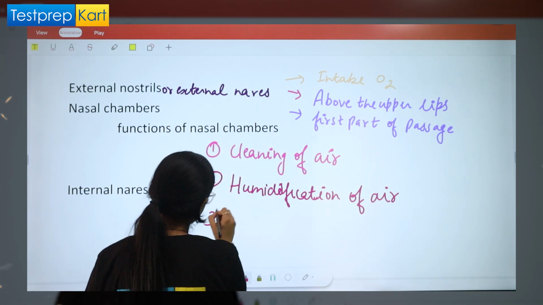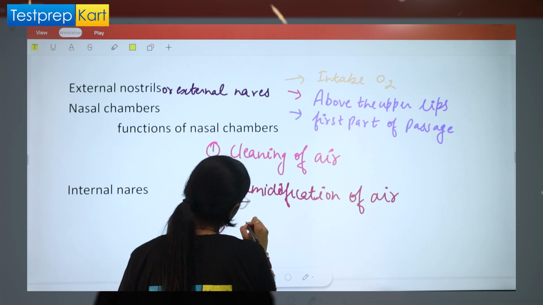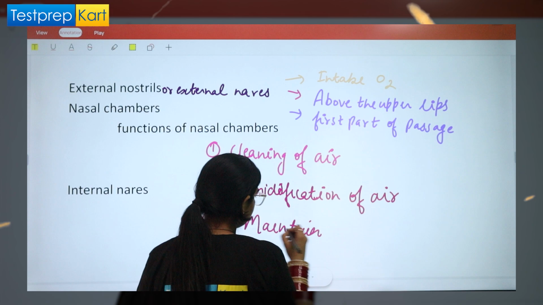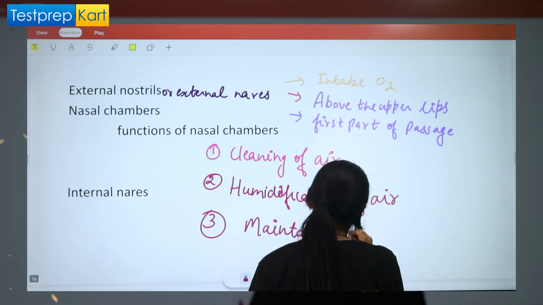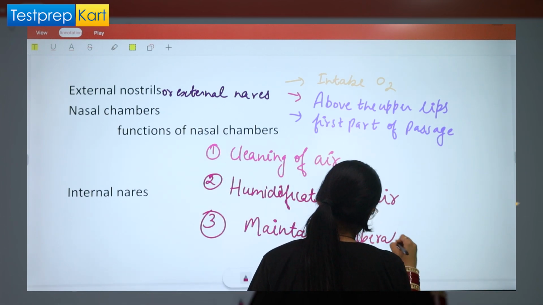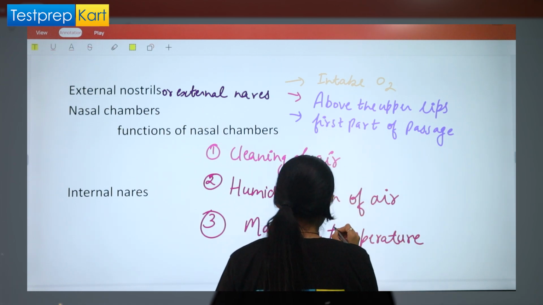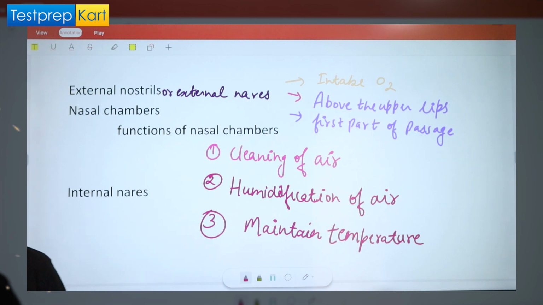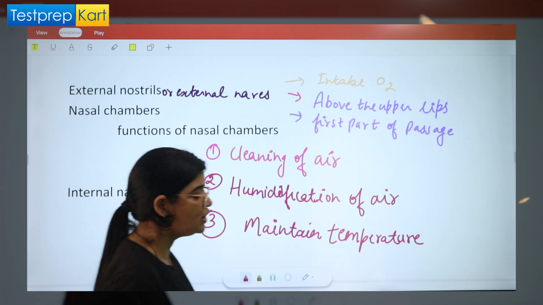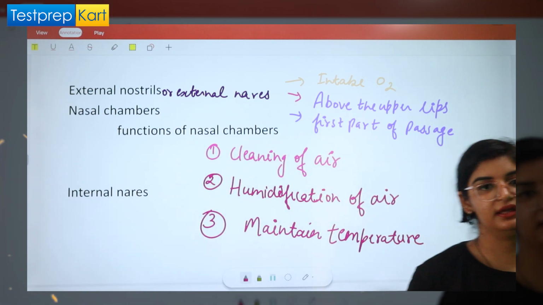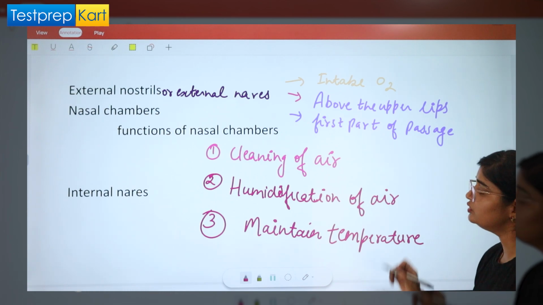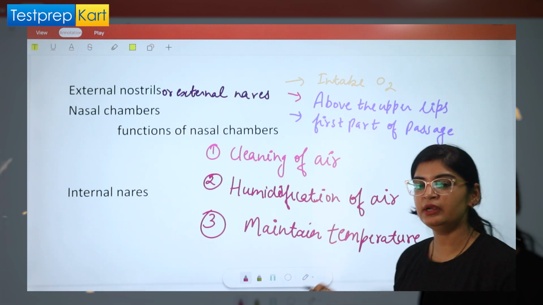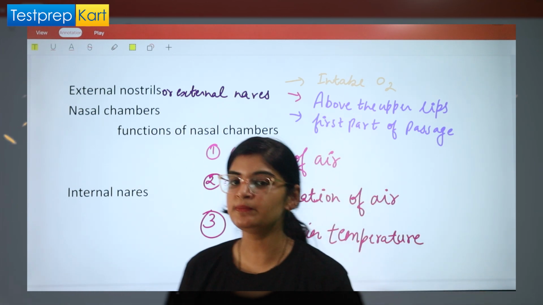Third, it maintains the temperature. Human body temperature is maintained at about 37 degrees, but the outside temperature changes. In winters the temperature goes down and in summers the temperature is extremely high, so our body cannot inhale the air at that temperature. So these three functions, cleaning of air, humidification of air and maintaining the temperature, are done by the nasal chamber's epithelium.